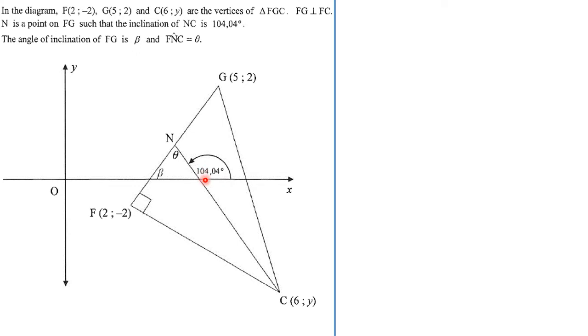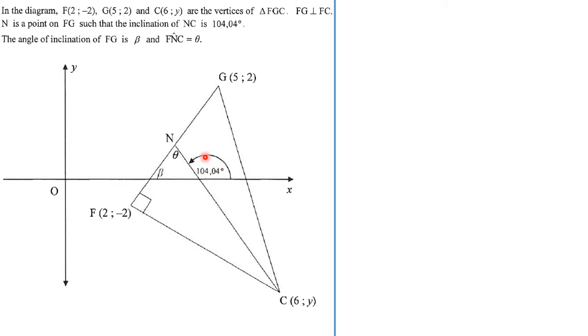Angle of inclination is actually an angle of elevation. It is measured from the horizontal up, so you cannot measure an inclination from the horizontal down. You measure it from the x-axis and you go up.